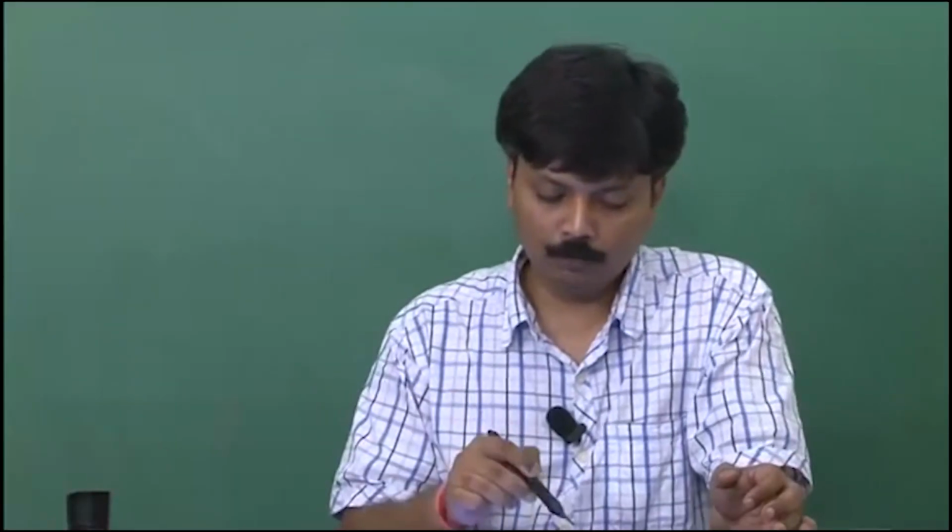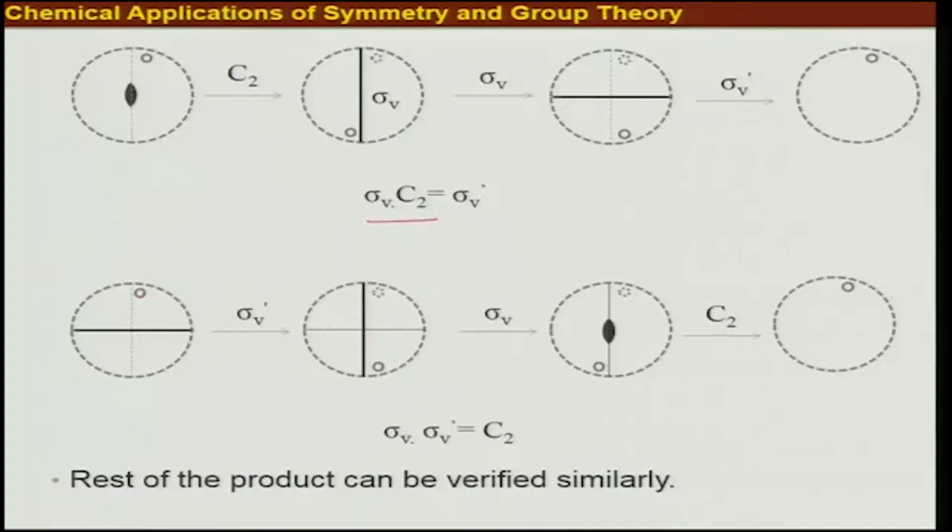Okay, so we start from the general point, and sigma v prime is this plane. So if we have a reflection, then I will go somewhere here, and then if I operate sigma v which is along this, then I will generate a point over here, and that's what we have generated here.